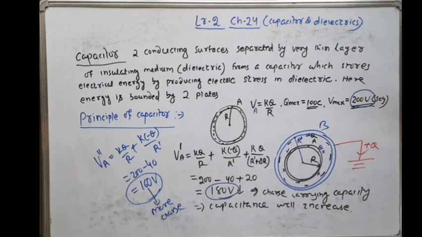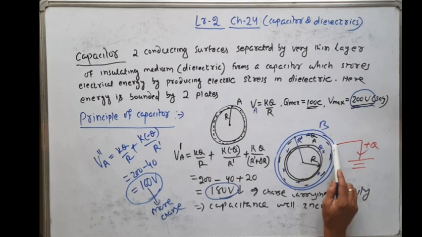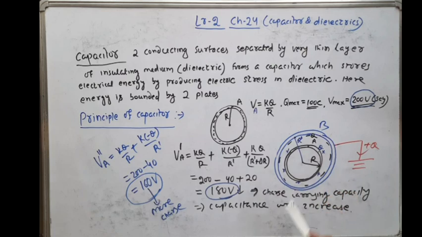So that is why it is a common question in every exam: why in a capacitor is the second plate connected to earth? So what is your answer? To increase the capacitance, we connect the second plate to the earth.